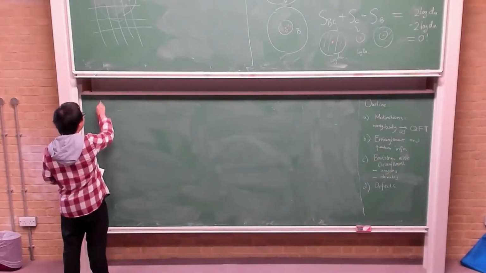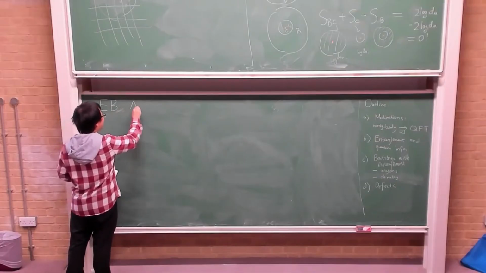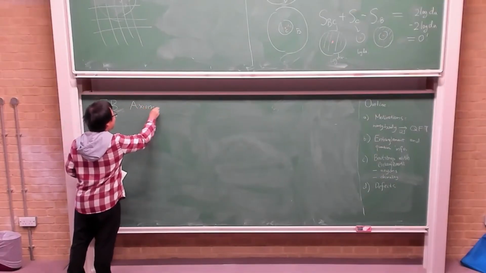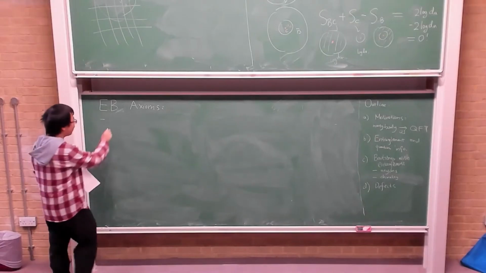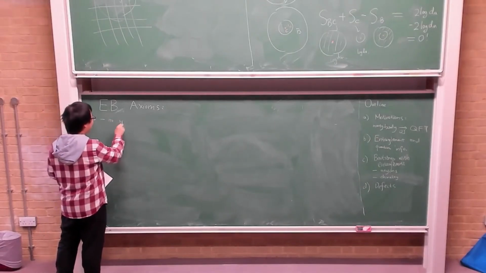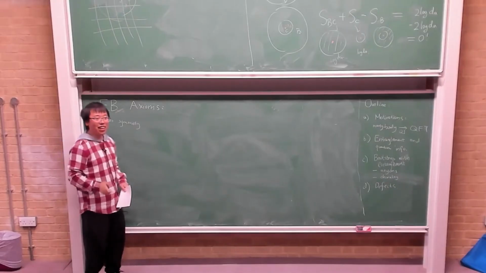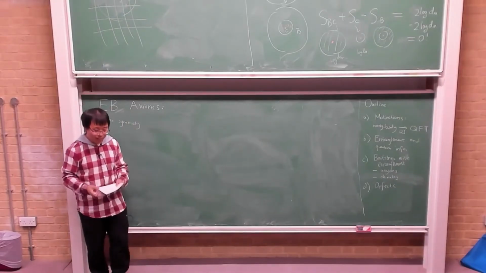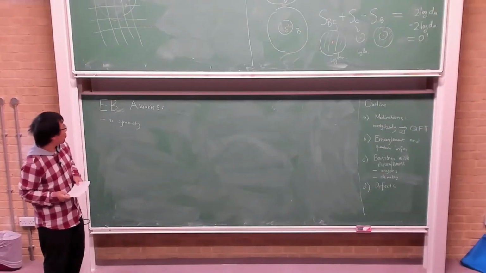Okay, now go to entanglement bootstrap axioms. We don't require symmetries, including conformal symmetry, so we don't assume conformal field theory. Can we still make the prediction?